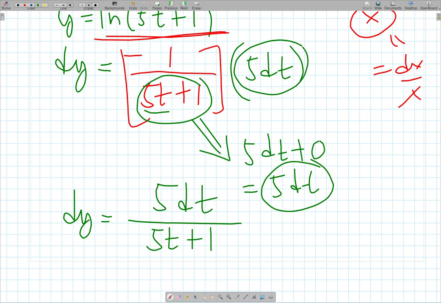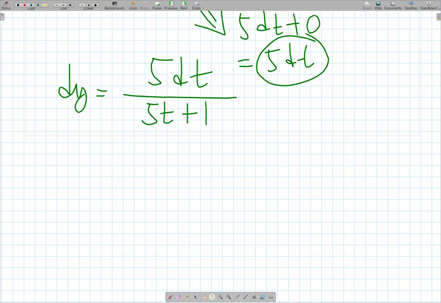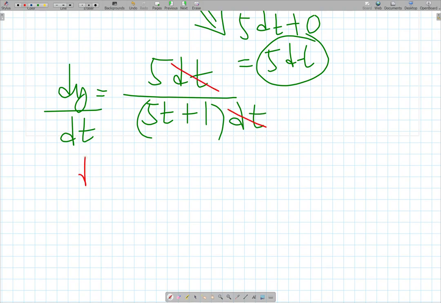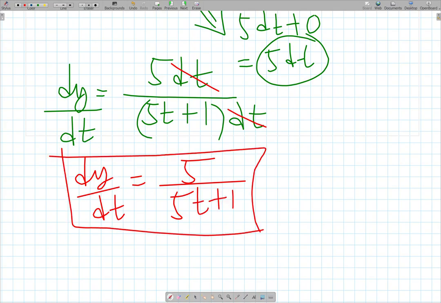Since we are looking for dy over dt, we divide both sides by dt, and the dt cancels out. So dy over dt is equal to 5 over 5t plus 1. Easy.